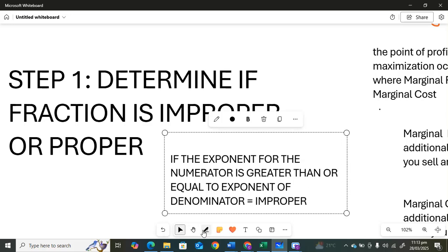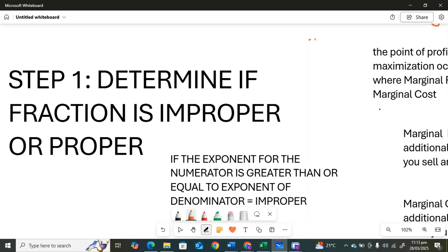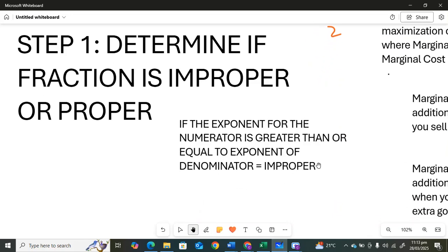Colleagues, remember from grade 1, grade 2, an improper fraction is where the numerator is greater than the denominator. In this case, we're looking at the exponents, the exponent for the numerator compared with the exponent for the denominator. So if the exponent for the numerator is greater than the exponent for the denominator, you have an improper fraction.